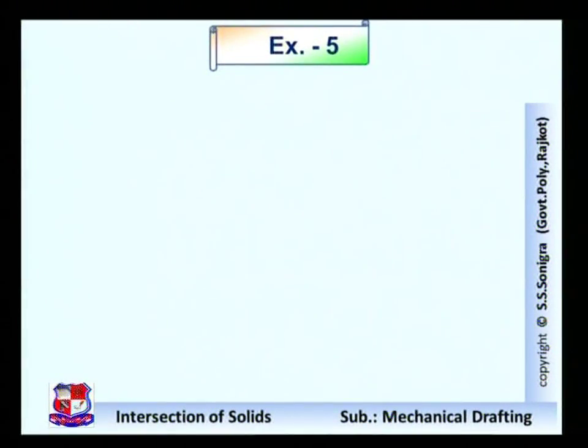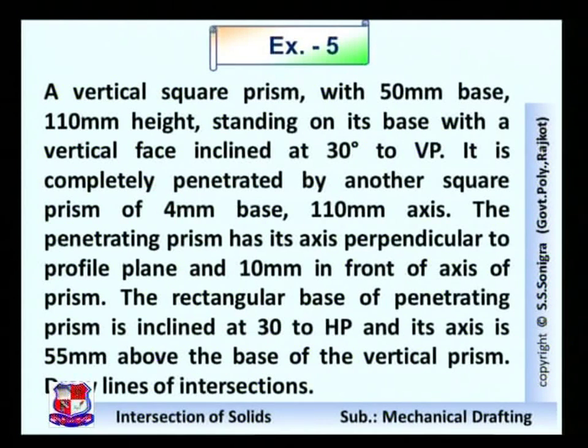Now problem number 5. The data is given like this. A vertical square prism with a 50 mm base and 110 mm height, standing on its base with a vertical face inclined at 30 degrees to the vertical plane, is fully penetrated by another square prism of 40 mm base and 110 mm axis.